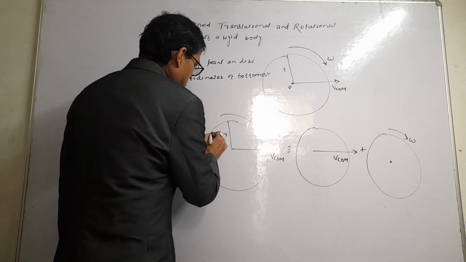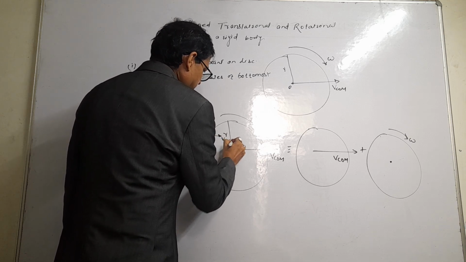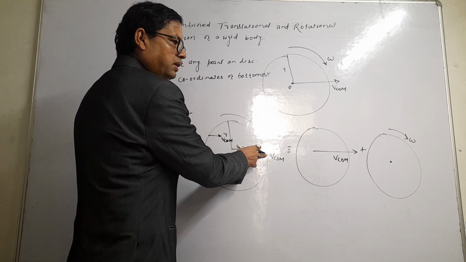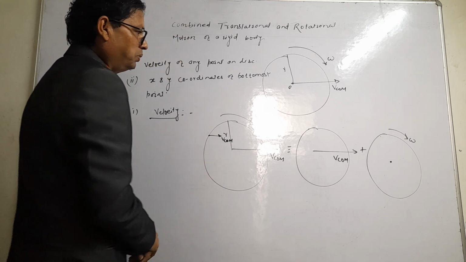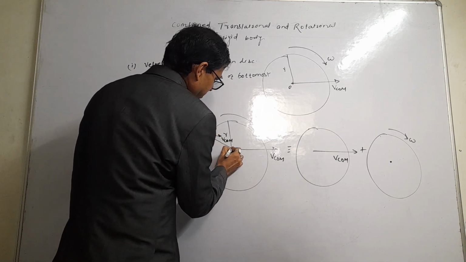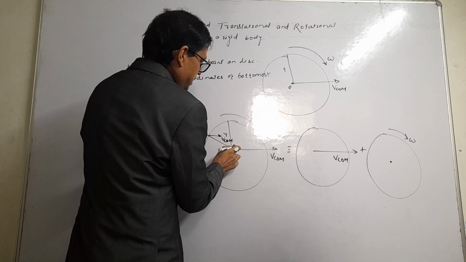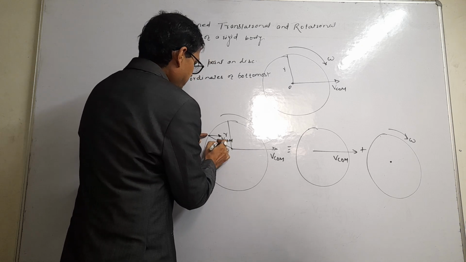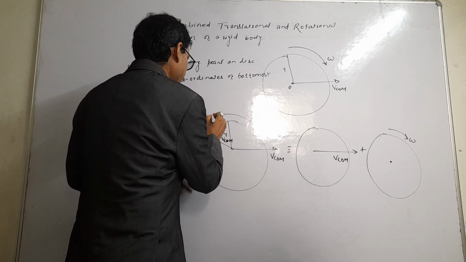One is due to translation, which is equal to v center of mass, the velocity of the center of mass, and the second one is due to rotational motion, which is equal to omega times r, where r is the distance from the center of mass. So this velocity is omega into r.